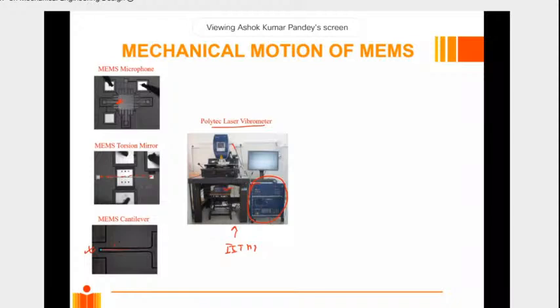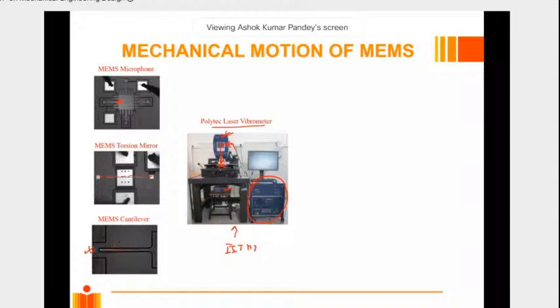This is called a scanning head, and from here the laser goes through this eyepiece, and then it falls on the structure. These structures are kept over here, and the laser falls on top of them, and with the help of electrical excitation they will vibrate, and when they vibrate you will be able to measure the response.